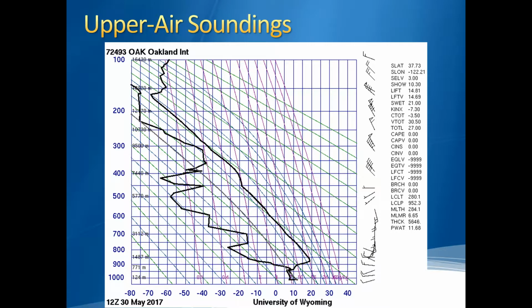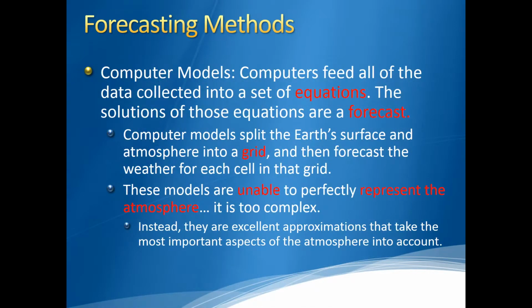Now, we combine all of these tools, and we combine all of the data that we gather from these tools, and we put it into what's called a computer model. Now, we've talked about models in this class a little bit already. A model is a simplification of a real-world thing, such as a model airplane is a simplified version of a real airplane.